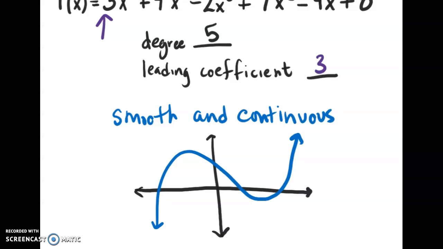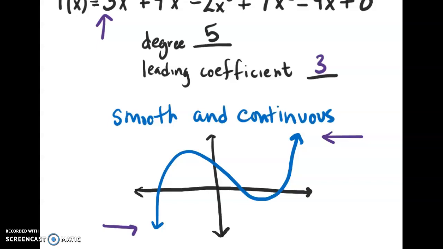The behavior where these arrows are is called the end behavior. We can find the end behavior to the far left, like here, and the far right, like here. You're going to have this behavior in between where it makes these turns, these smooth curves, and then the end behavior is going to go off.